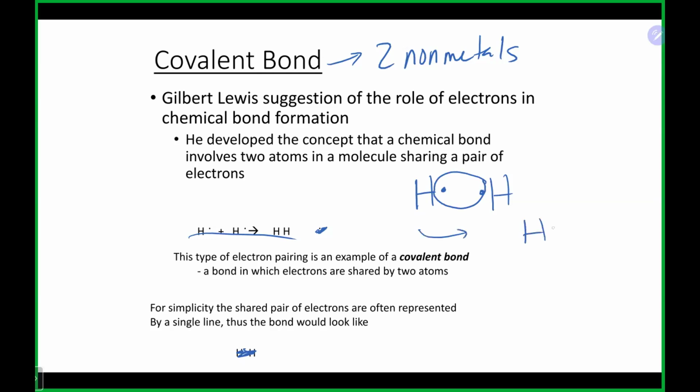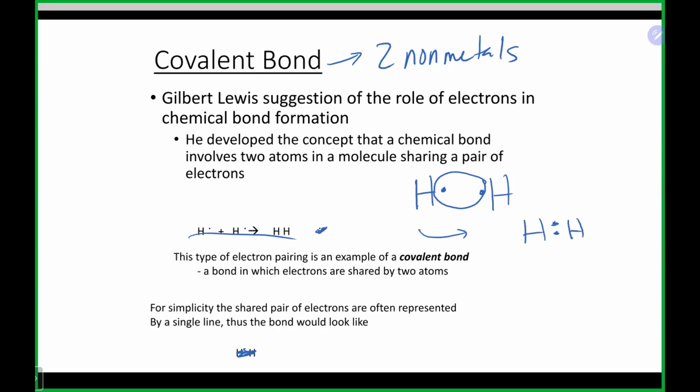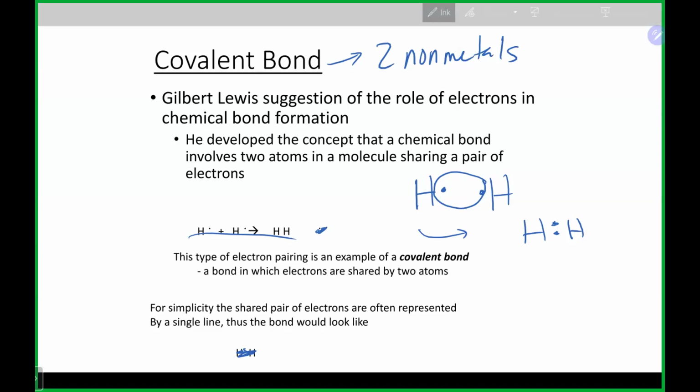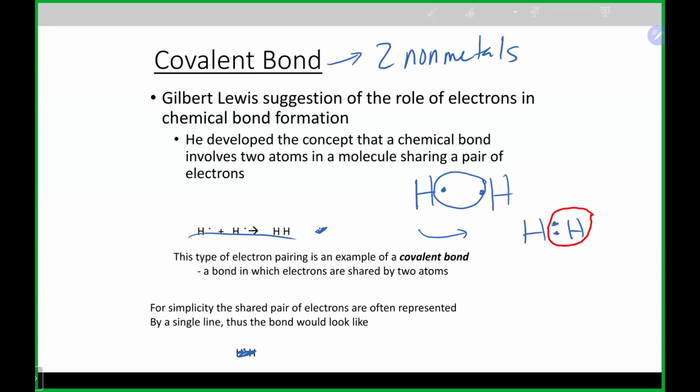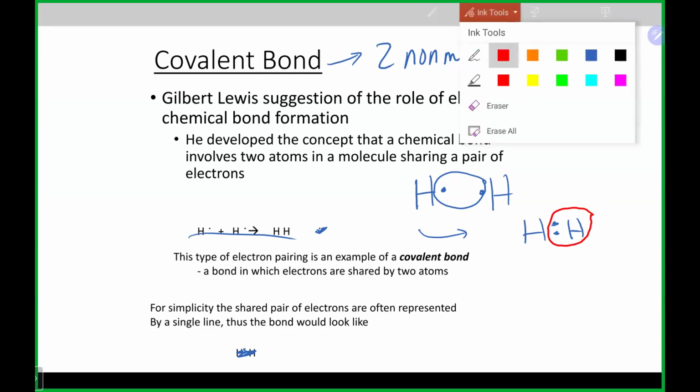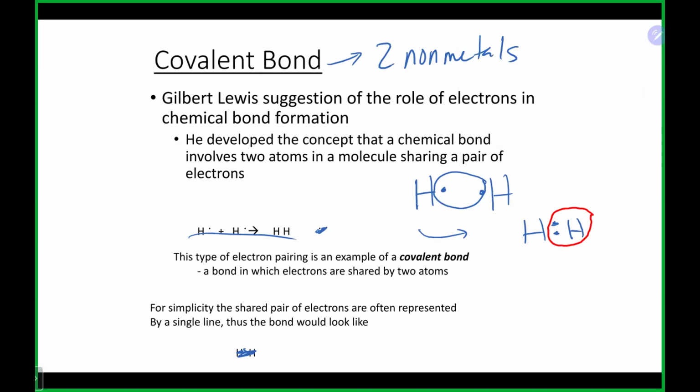We end up with a pair of electrons being shared by both atoms in this bond. If you look at the hydrogen on the left, those two electrons count for it, and if you look at the hydrogen on the right-hand side, those two electrons also count for it as well. So they are being shared in this situation.